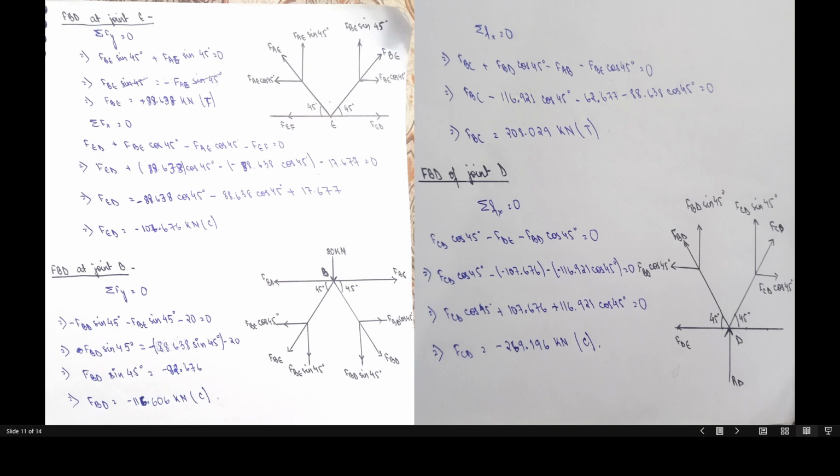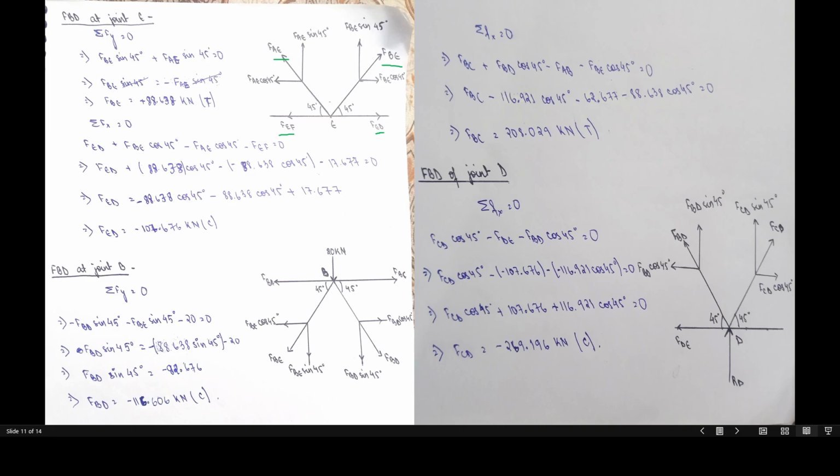Next, we will evaluate joint E, and here FAE, FBE, FED, and FEF are the four forces, out of which FAE and FEF are the known forces, and FBE and FED are to be calculated.